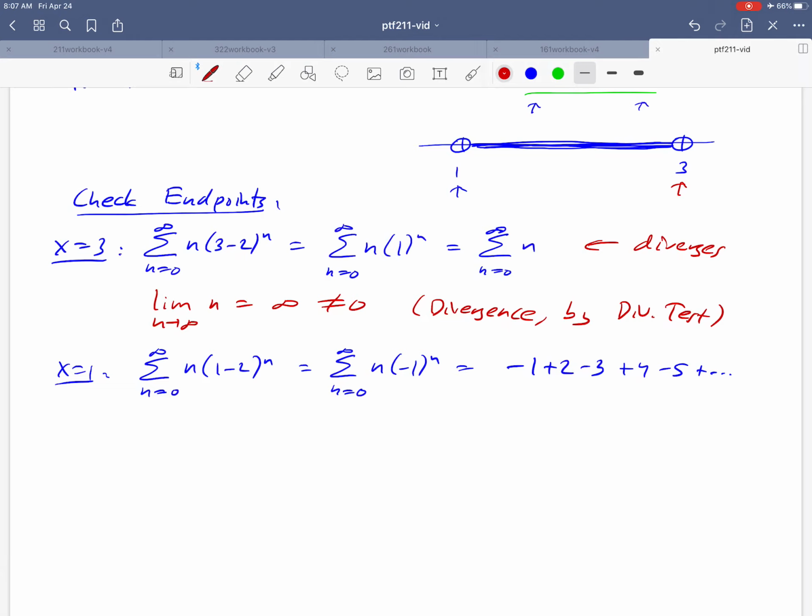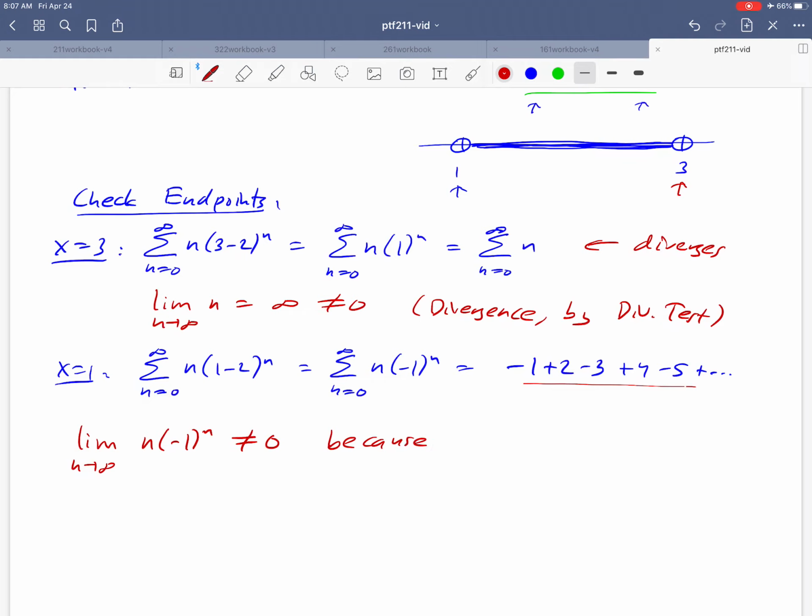We could think about that using the divergence test, kind of the same strategy that we used for the other endpoint. Because what happens if you take the limit as n goes to infinity of n times negative 1 to the n? Well, notice that that can't be 0 because the sequence of terms, if you just look at the numbers that are coming out of our series and think of them as a listing, they don't approach 0.